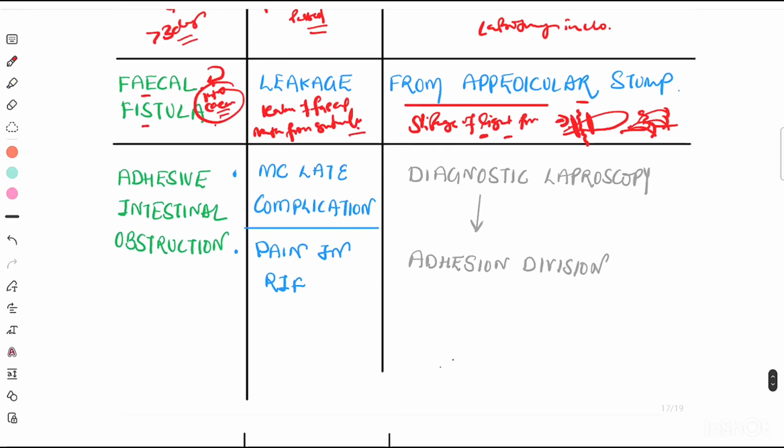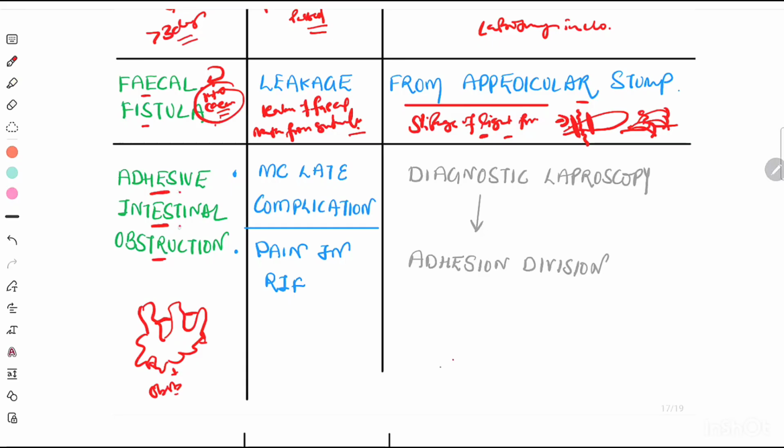And there can be intestinal obstruction due to the adhesions formed during gut handling in case of appendicitis. If we handle the gut during any abdominal procedure, there can be a risk of adhesion between the intestinal loops, which leads to obstruction.